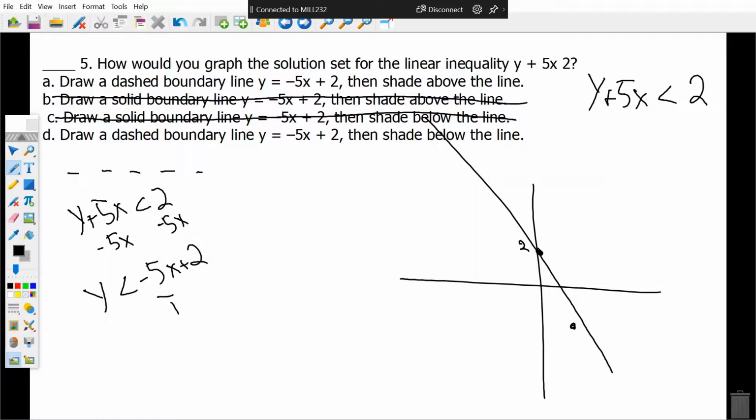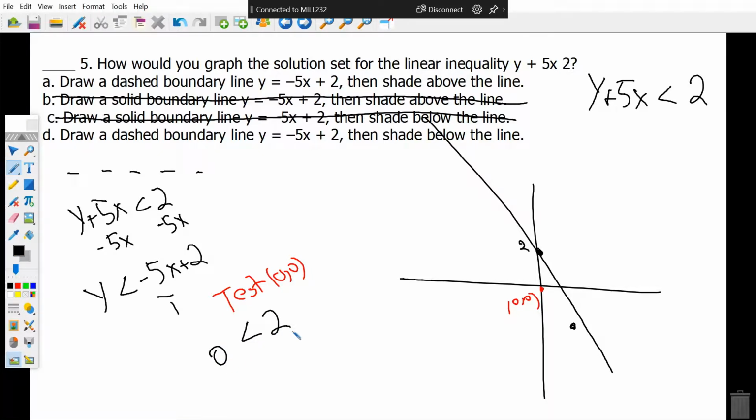And then the difference between A and D is it wants to know if I'm shading above the line up here or below the line down here. Well, I could figure that out by doing my test. Let's do our test with 0 and 0. If I put a 0 in for x and a 0 in for y, I'm going to get 0 is less than 2.